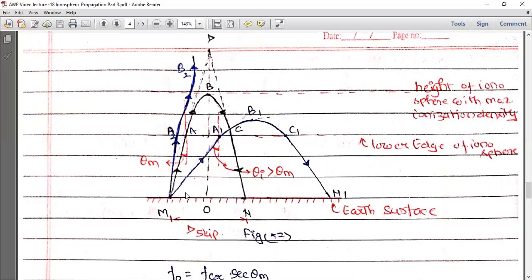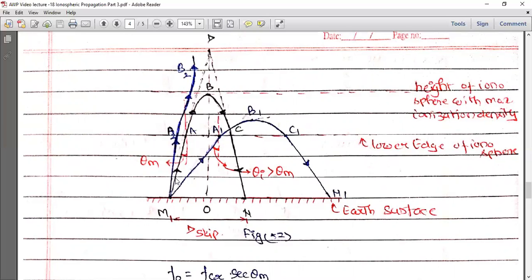Getting the point? So this particular range in which a communication link cannot be established is known as the escape distance for frequency f0. Keep this in mind: escape distance is a function of frequency. For different frequencies, escape distance is different.